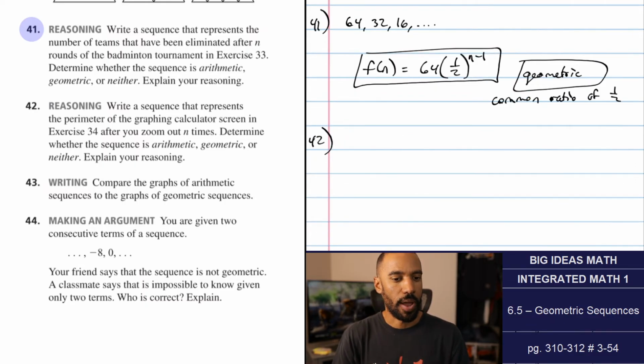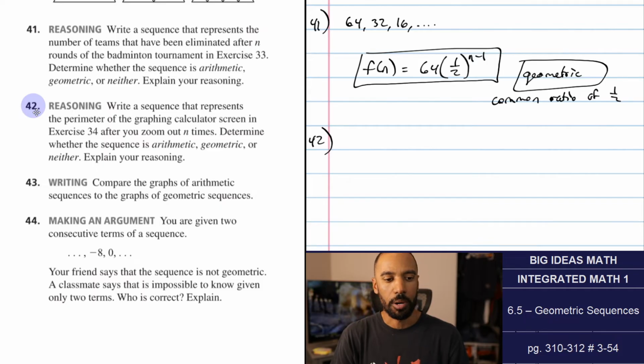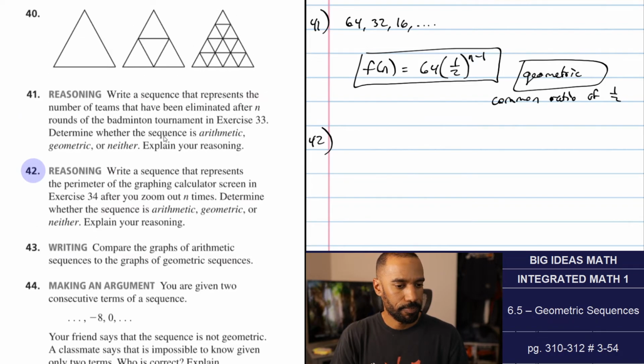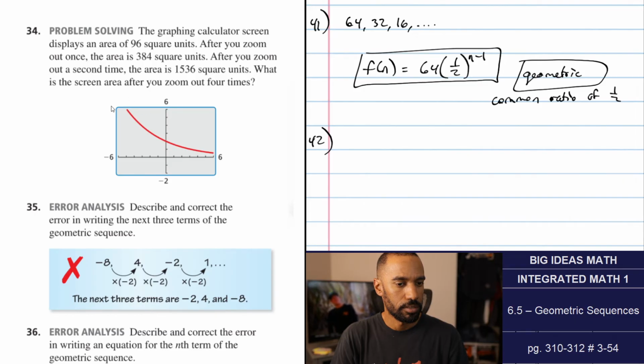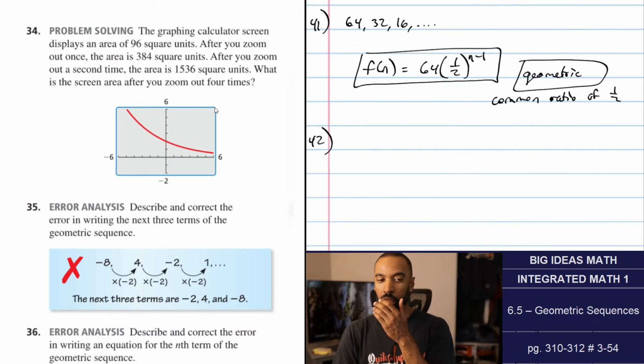Number 42 says, write a sequence that represents the perimeter of the graphing calculator screen in exercise 34 after you zoom out n times. Determine whether the sequence is arithmetic, geometric, or neither. Explain your reasoning. 34. The perimeter?